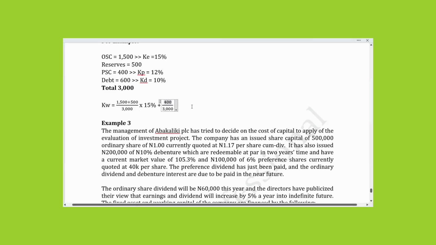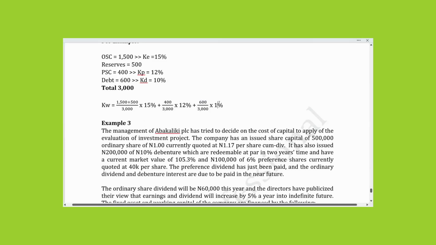Preference share will be 400 divided by 3,000 multiplied by cost of preference share of 12% plus the weight of the debt, which is 600, divided by the total of 3,000 multiplied by cost of debt of 10%.